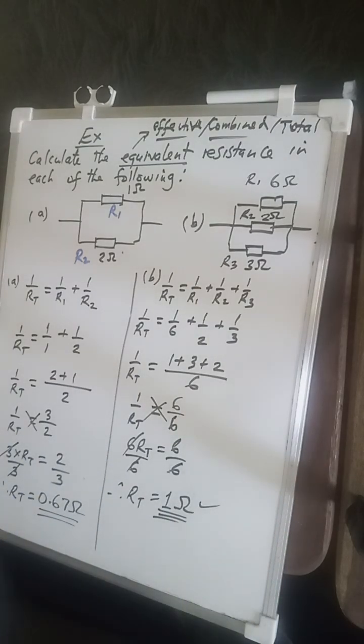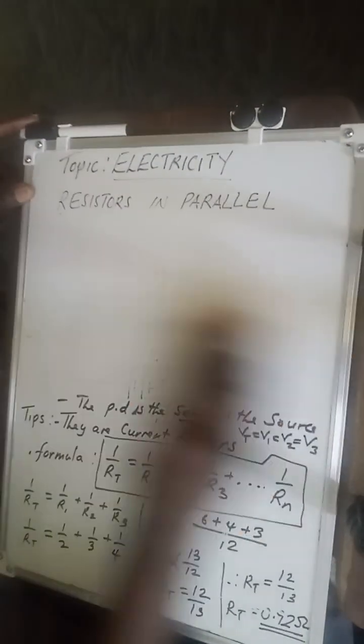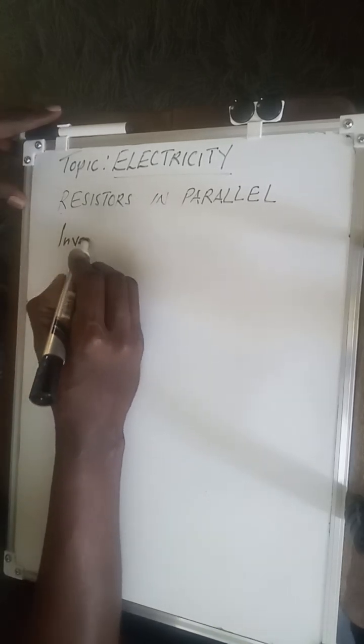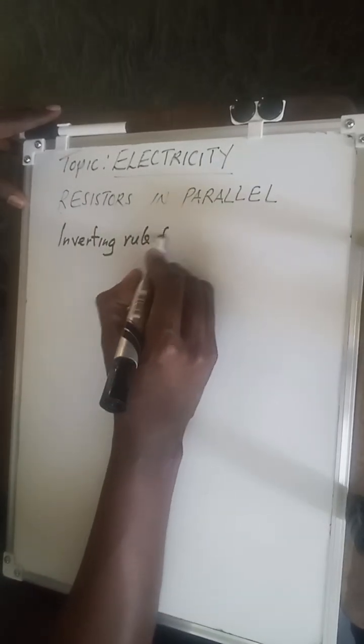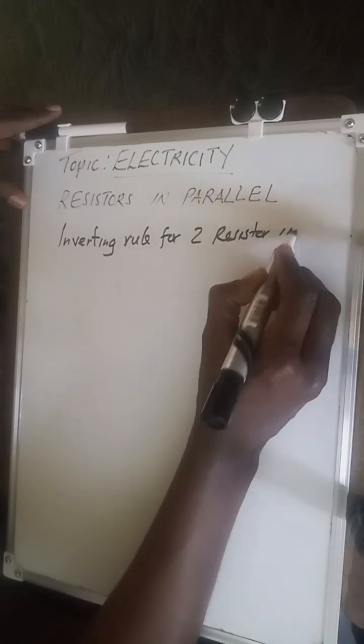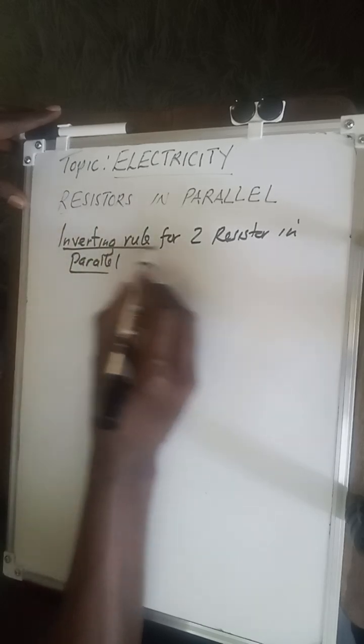Now a quick one: if you only have 2 resistors in parallel, you don't need to waste time. For 2 resistors, you can use what we simply call the inventing rule for 2 resistors in parallel.